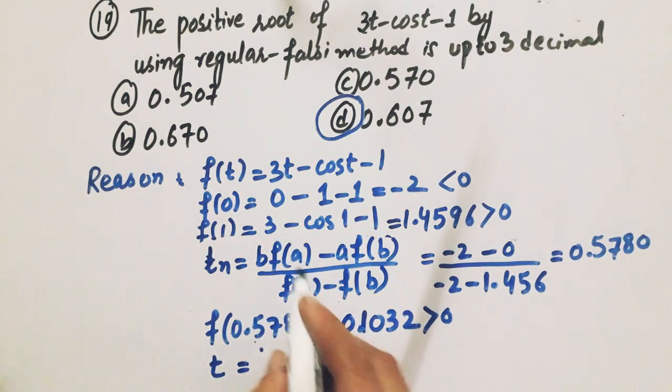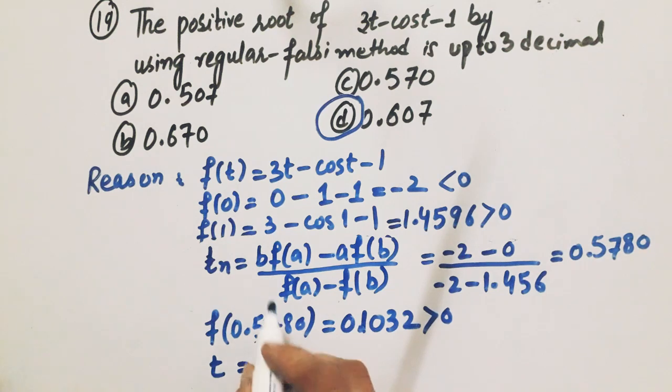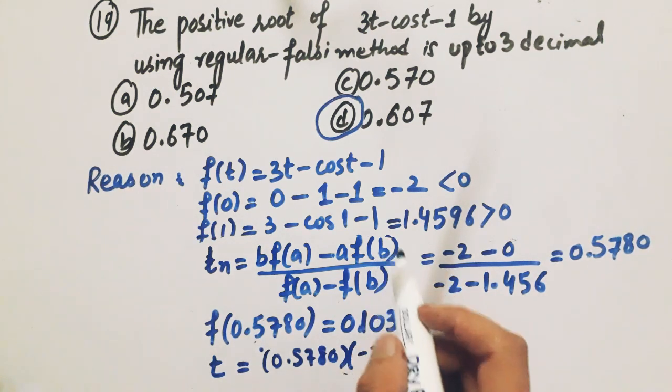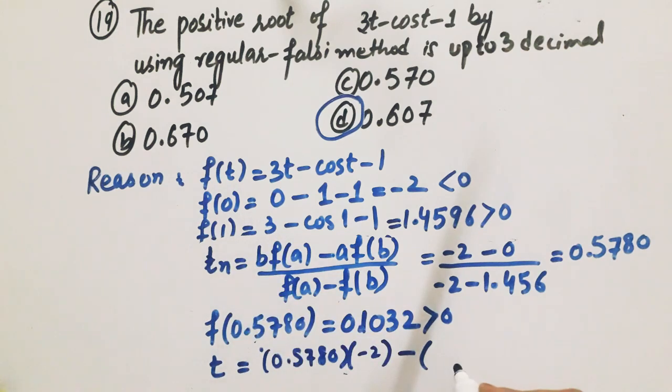So b is 0.5780, multiplied by the value of f of a, which is minus 2, then minus the other value, where we take a as 0.